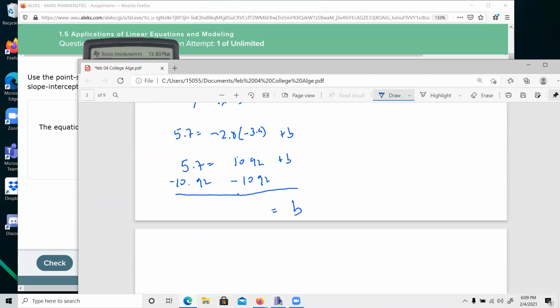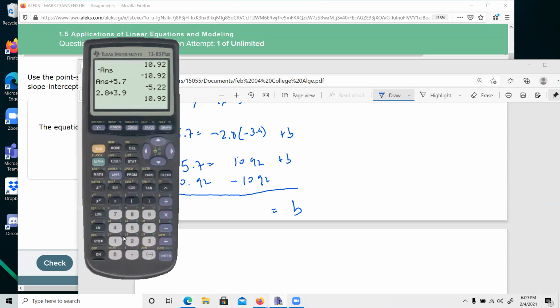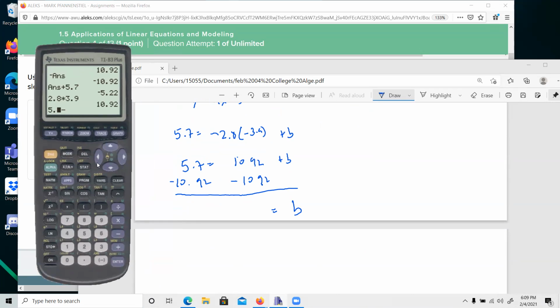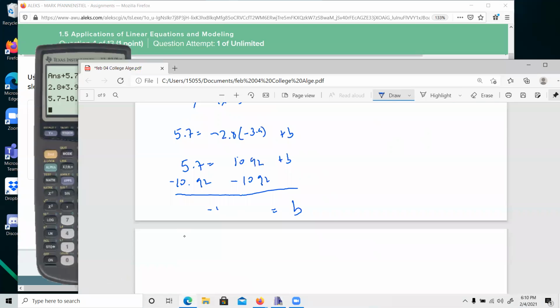So b is equal to 5.7 minus 10.92. What do you know? 5.22.